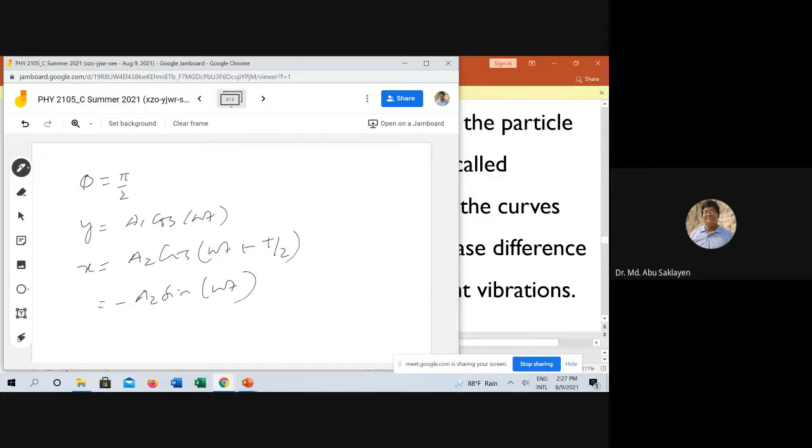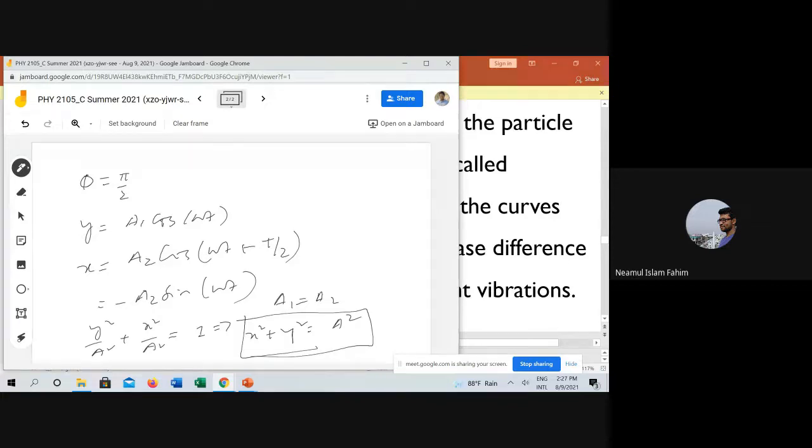So you can write y square by a1 square plus x square by a2 square equal to 1, right? And if a1 equal to a2, then it will be x square plus y square equal to a square. Do you know what this equation is? This is the equation of a circle of radius a.